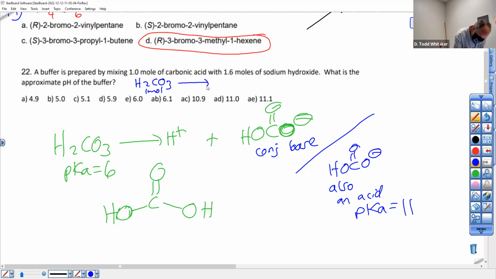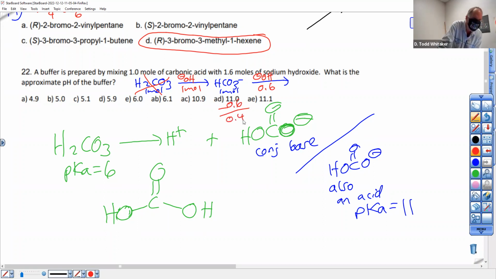Goes to HCO3 minus, 1 mole. That's gone. And then how much hydroxide did you use to do such a thing? 1 mole. Any hydroxide left? 0.6 moles. Minus 0.6 for that, leaves 0.4.